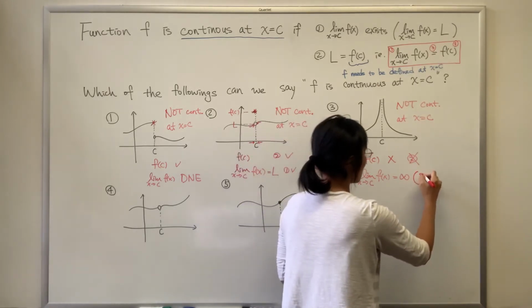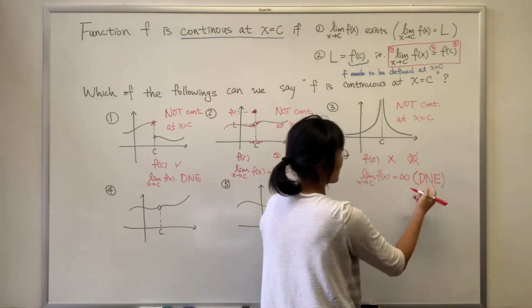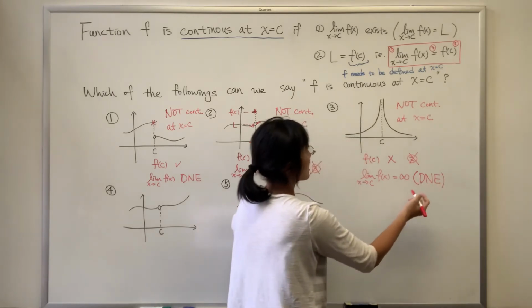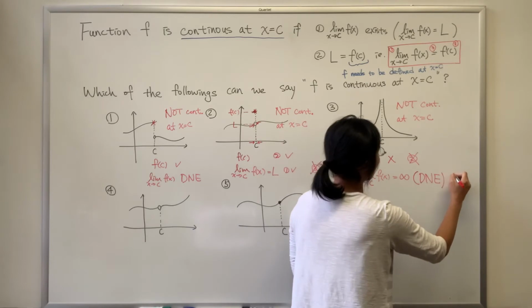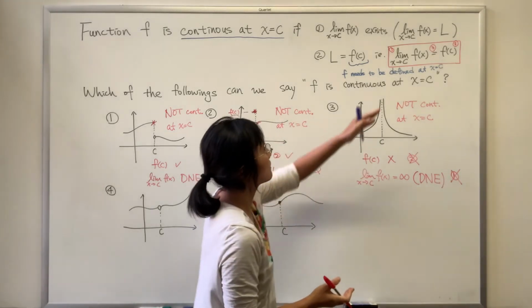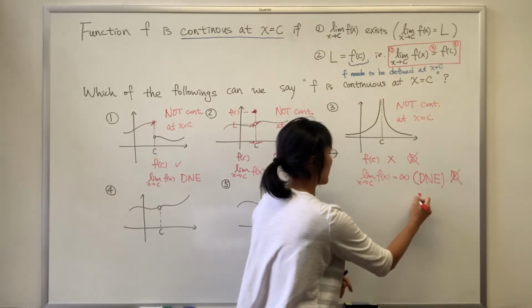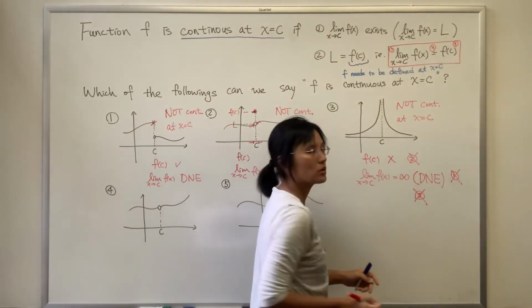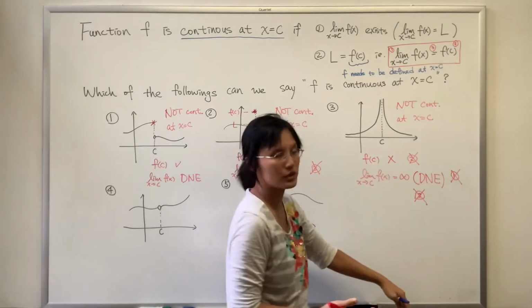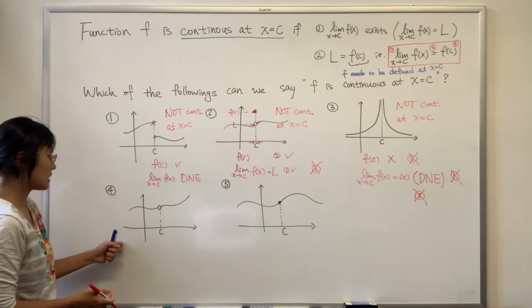So it is one of the situations where you say the limit does not exist. So in this case, condition 1 also fails. And because you don't have the left-hand side and the right-hand side of the equation, there's no way you can talk about what it means for the left-hand side to equal the right-hand side. So all three conditions fail for case 3. Now case 4.